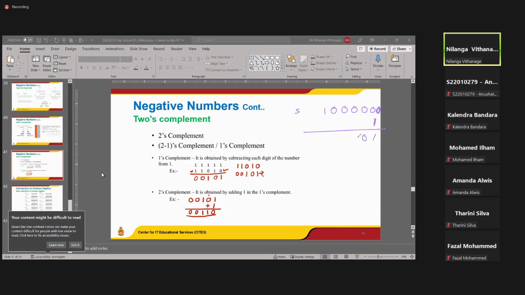Now it is 1 0 1 1 1 1 1. If you add 1, there is no carry. So if there is no carry, it is minus. As an example, let's say you have a value like 1 1 1 1 1.